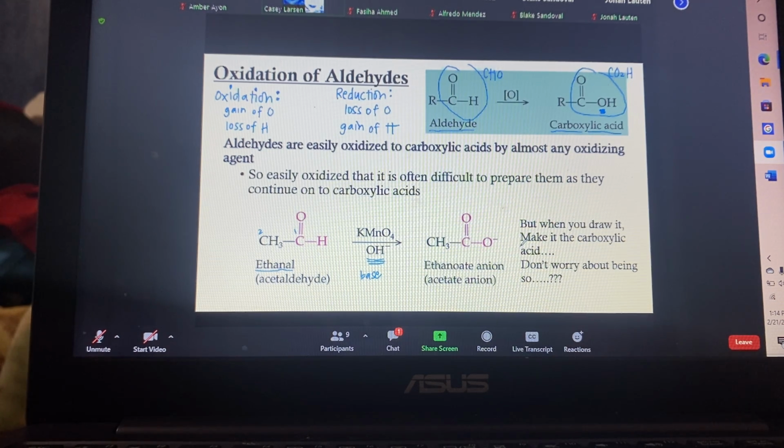Did you learn about acids and bases in Gen Chem? Did you learn about conjugate acids and bases? All right, cool. Conjugate acids and bases simply differ by an H plus.